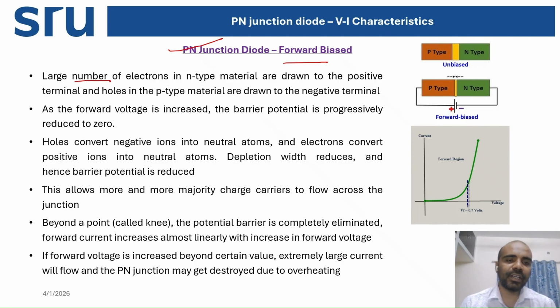So when forward biasing is applied to a PN junction diode, a large number of electrons from the N side are drawn to the positive terminal, right?